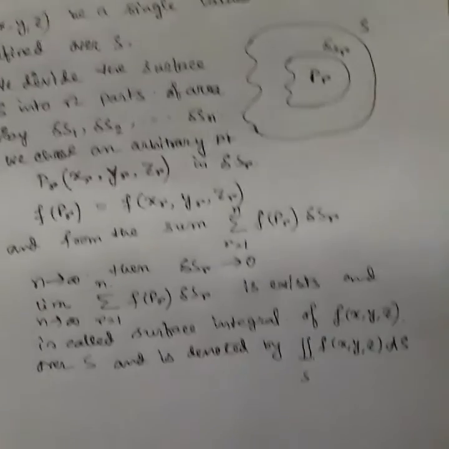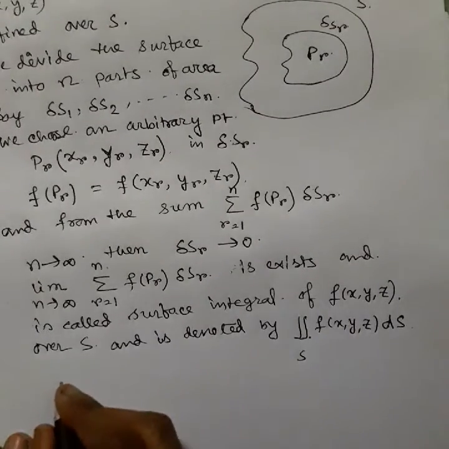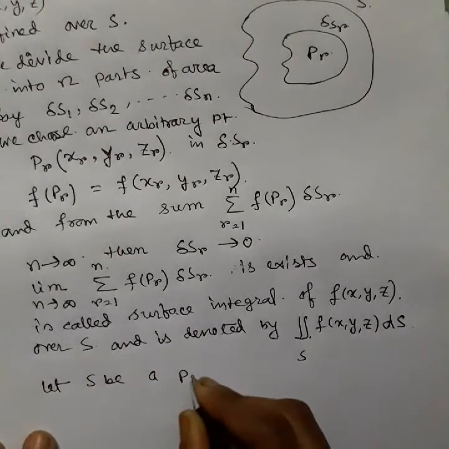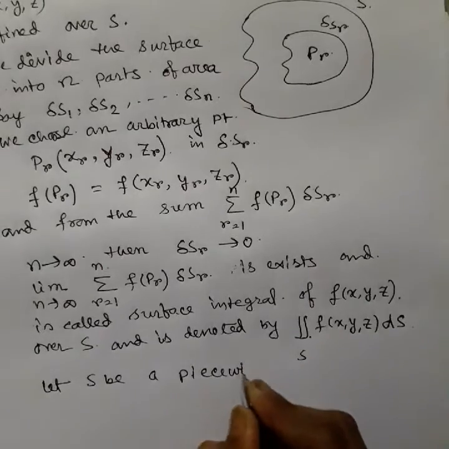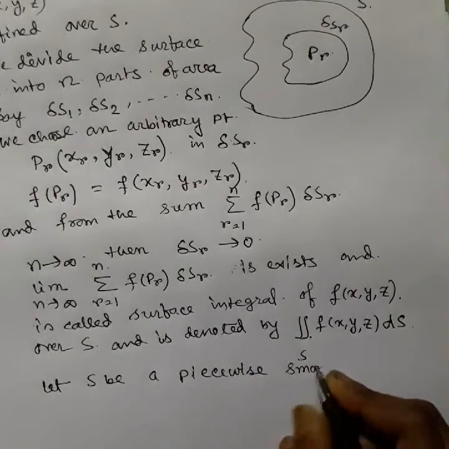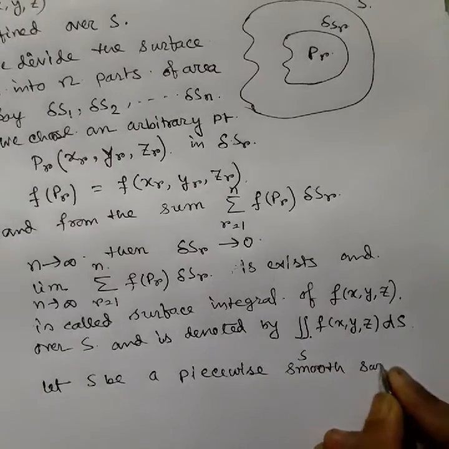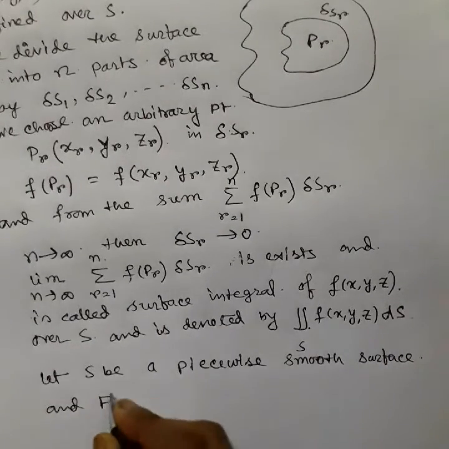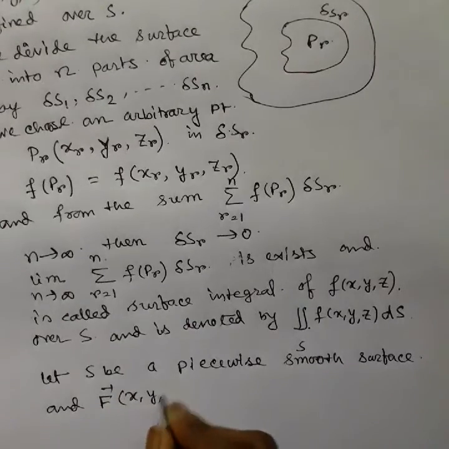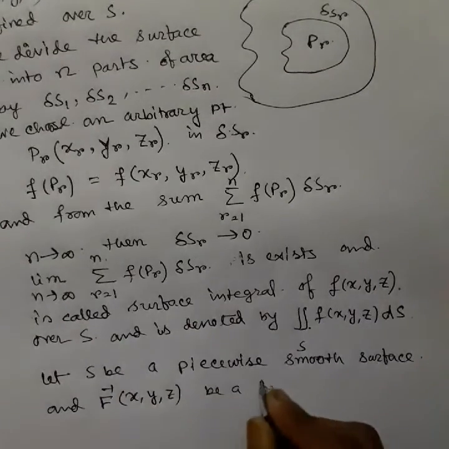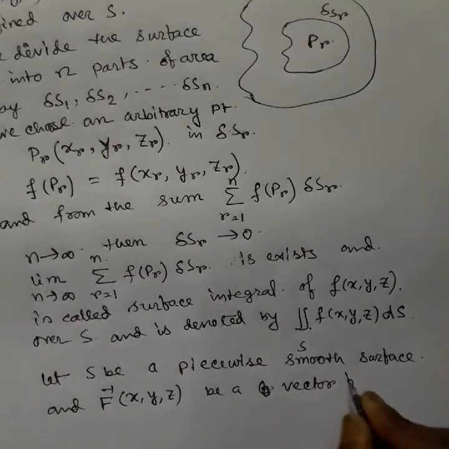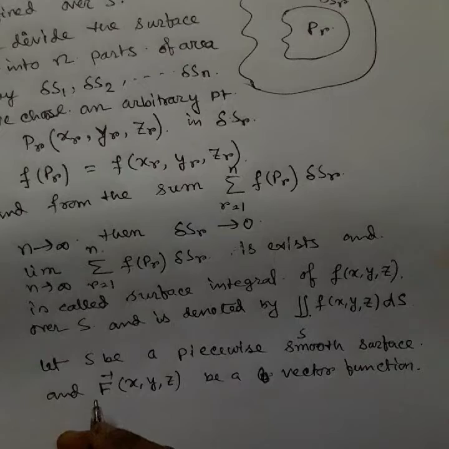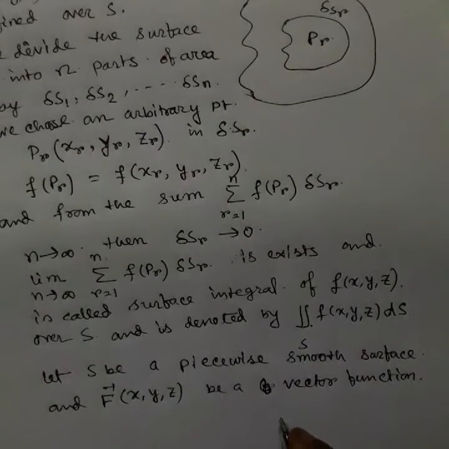Let S be a piecewise smooth surface, and F be a vector function which is defined and continuous over S. First we draw it.